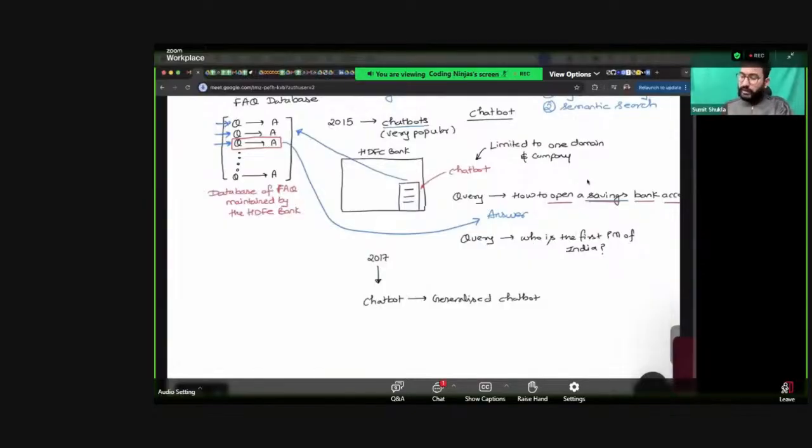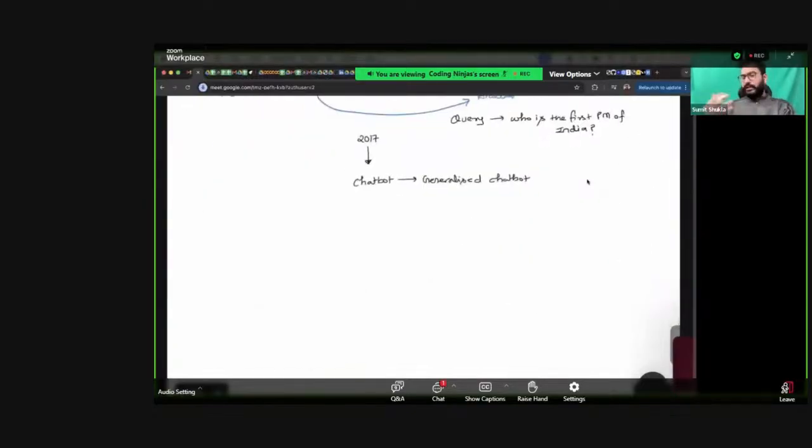So in 2017, scientists started thinking whether they could somehow make a chatbot become a generalized chatbot. But there was a problem.